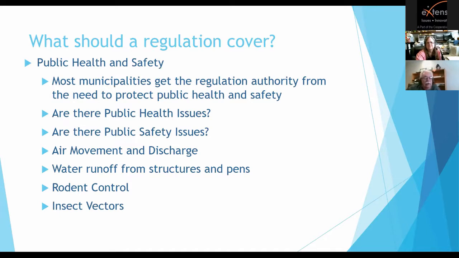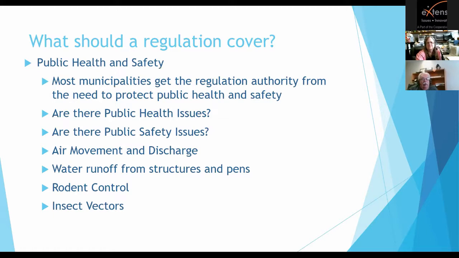runoff? And anytime we have animals like chickens that require feed, we have to have an active rodent control program in place. And the same goes with insects and insect vectors. What are our methods for controlling? In some places where you have West Nile disease, chickens can be a carrier of that. How do we address that in regards to mosquitoes and things of that nature, and standing water bodies?